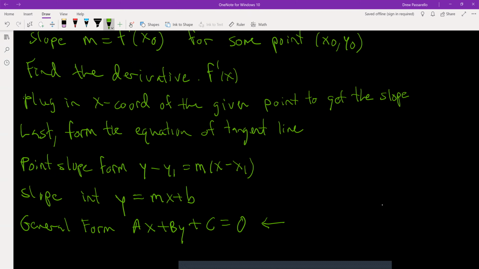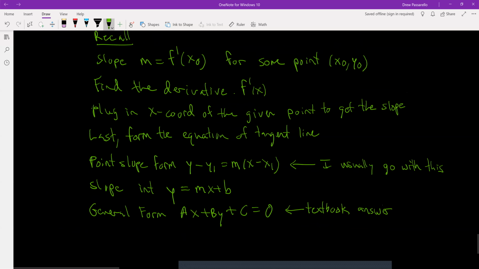This is what the textbook answer is, but we usually never do the general form. I usually go with point slope because it's less steps. Either way, there are three different formats: point slope form, slope-intercept form, and general form. Whichever one you feel most comfortable with.